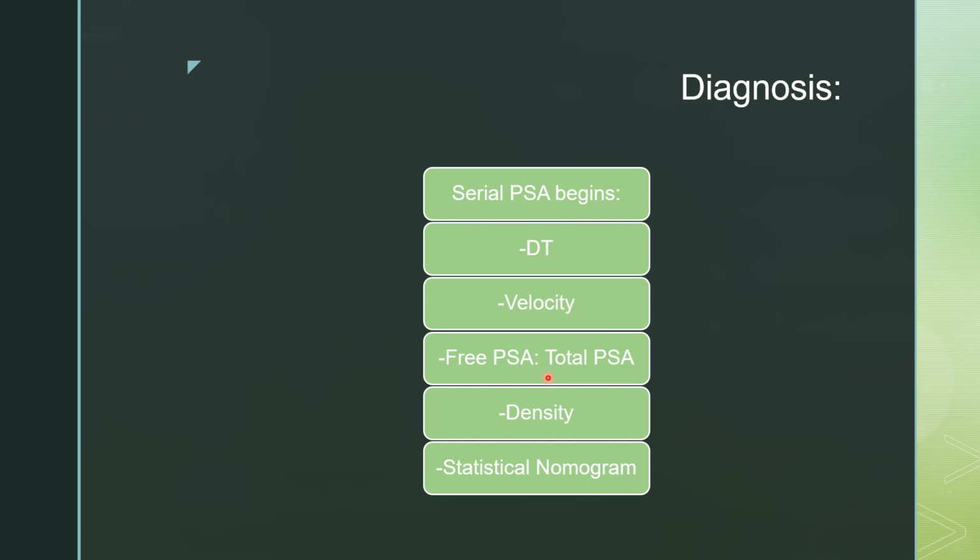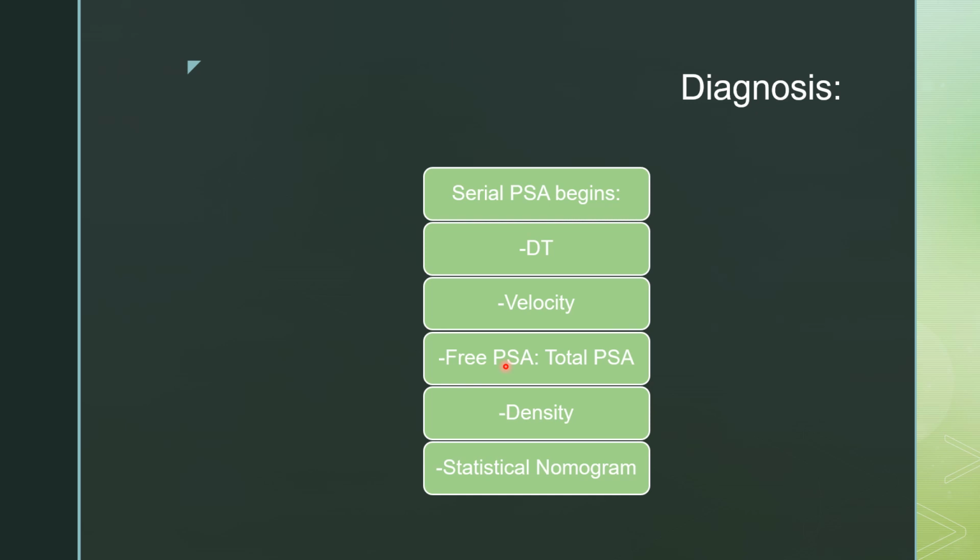If the value of free PSA is about 10%, some can call for biopsy right away. So now let me summarize here that when we get the ratio of free PSA to the total PSA, the more free PSA we pick, the better to say that we are not likely dealing with prostate cancer.